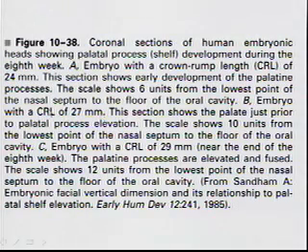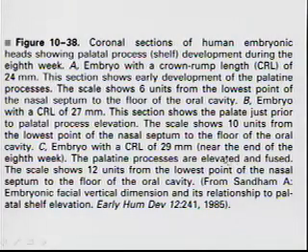The embryo in panel B will be the CRL of 27 millimeters, so just 3 millimeters longer. And we'll see the palate just before it will elevate above the tongue and begin to move toward the nasal septum in that area. Panel C will be 2 millimeters later, CRL, about the end of the 8th week.